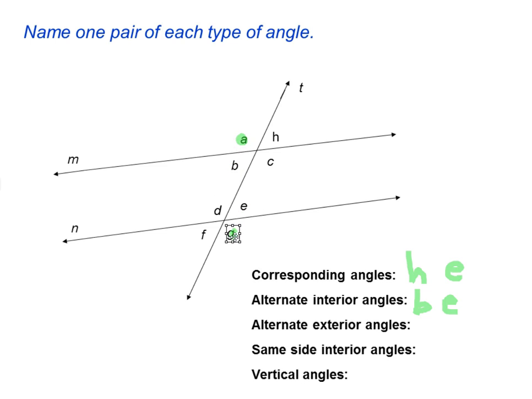How about A and G? Same side interior. How about B and D? Same side. And then in between those two parallel lines. And then vertical angles. They're just directly across from each other. Here's one example, D and G.